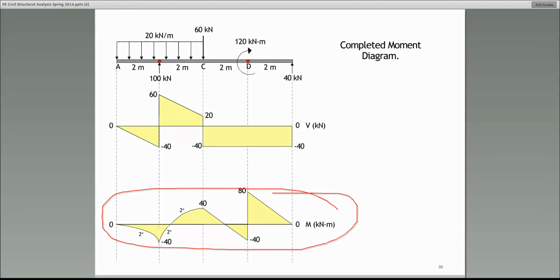Many of you, Arash, Paul, Brian, you are saying 80 kilonewton, and you're correct. No, Arash says 120. I don't know where you got that, Arash, but no, the answer is 80. I think what he's doing, he's adding 80 and 40, but no, if this is the moment diagram, the designer will need to design this beam to resist 80 kilonewton meter.